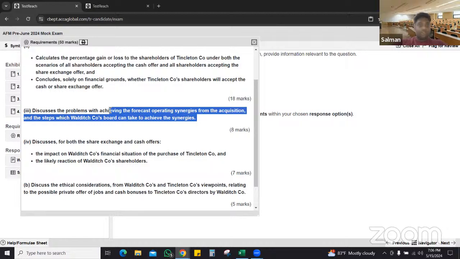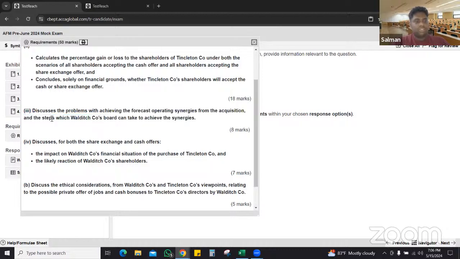Internal factors, macro factors, you can easily take any of these from the acquisition. Simple example, a generic answer: you are acquiring a company and want to gain synergy. Both of you are in the same line of business. What are the problems? For example, differences in culture. You acquire the other company and want to merge the company, but there is cultural incompatibility, where now it causes harm rather than any synergy.